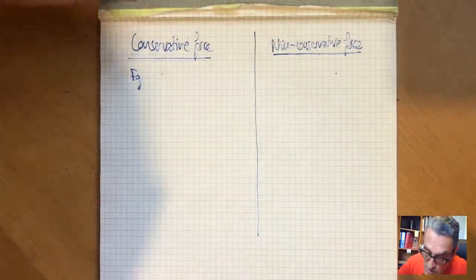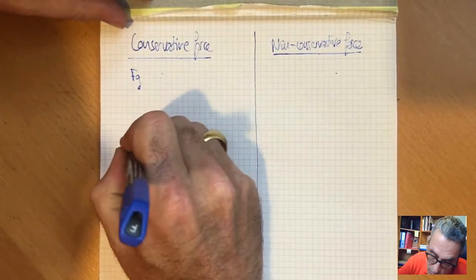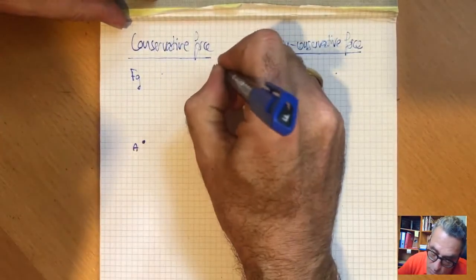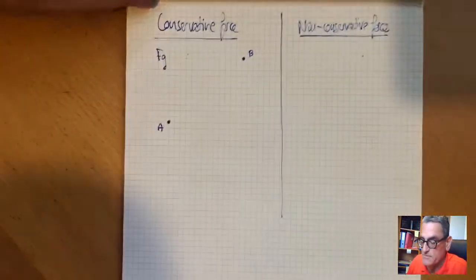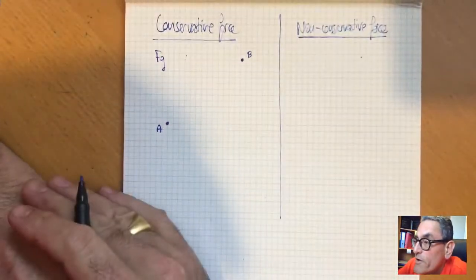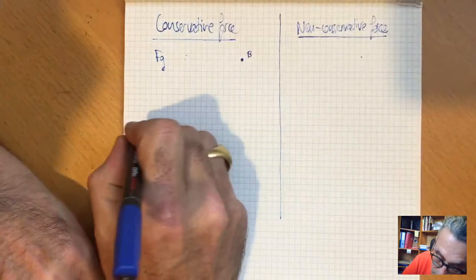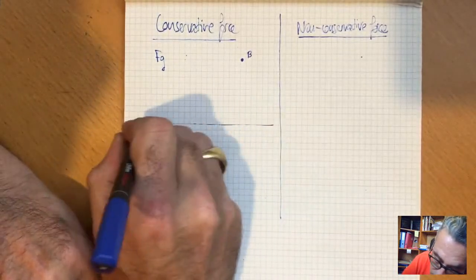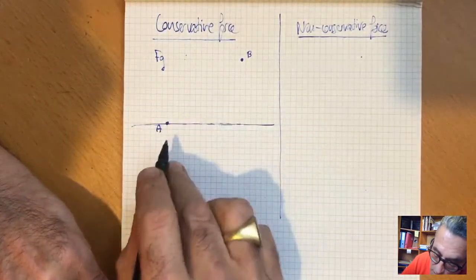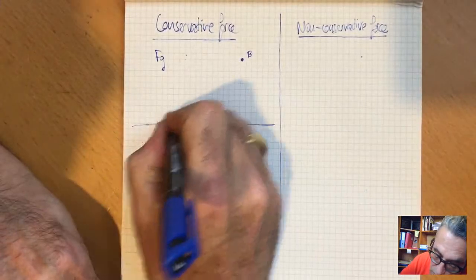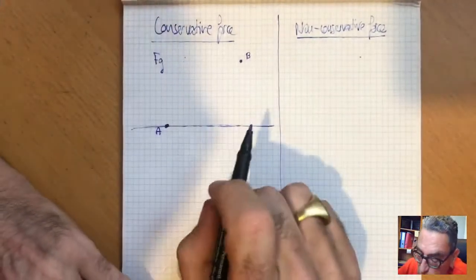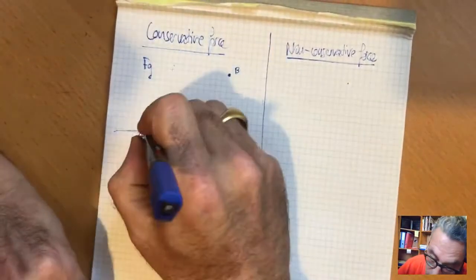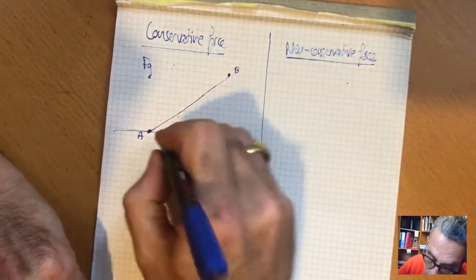Why is that? Well, if I go from a point A to a point B, I can go in different ways. Let's assume that this is the ground, we are in some landscape, and we want to take this object from here to here. Well, we can go different ways. We can go like this, straight.